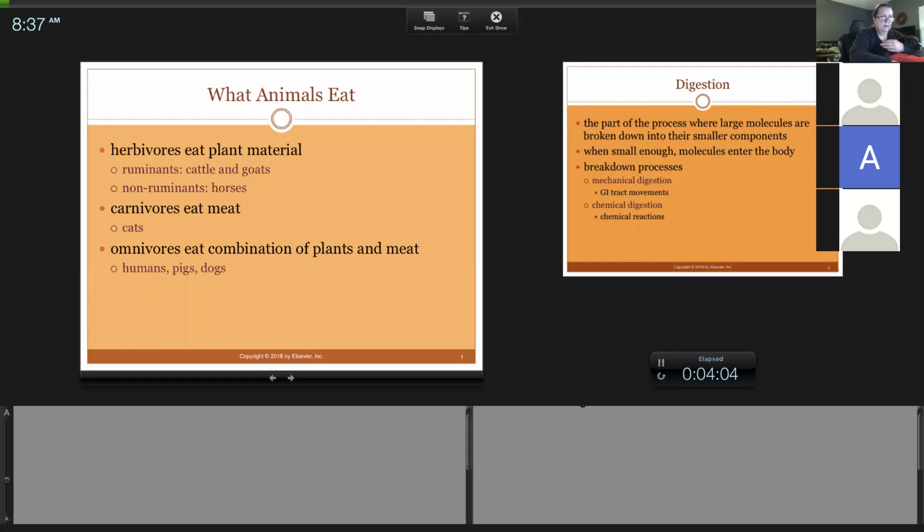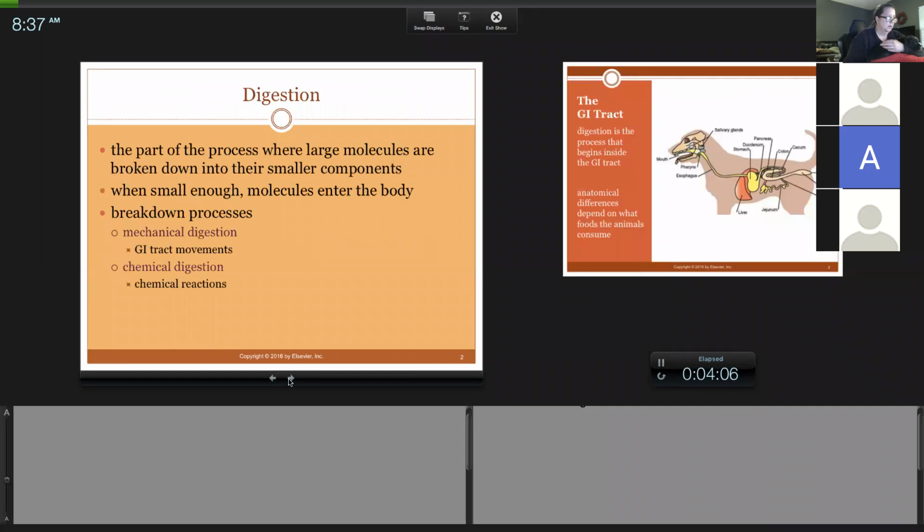Okay, so that's how we're going to do this. Now, when we talk about digestion, the whole purpose of digestion is taking larger molecules and breaking them down into something that can be absorbed, so into a smaller part. When an animal eats a meal, they chew the food, swallow it, and it moves into the stomach and starts being digested.